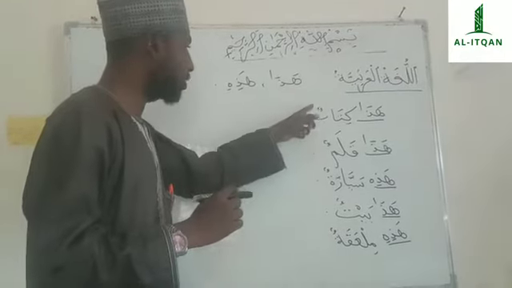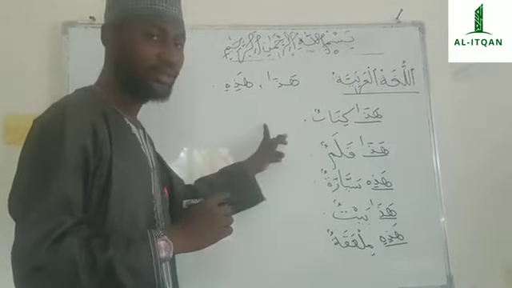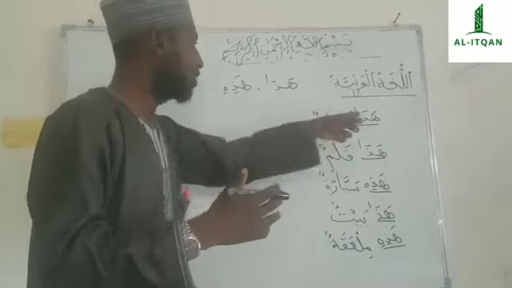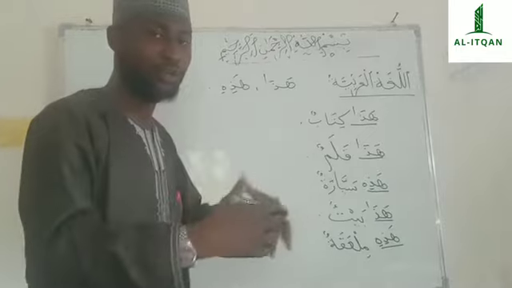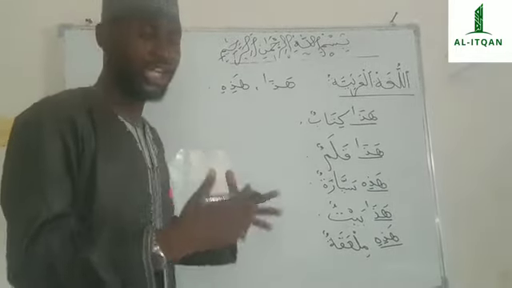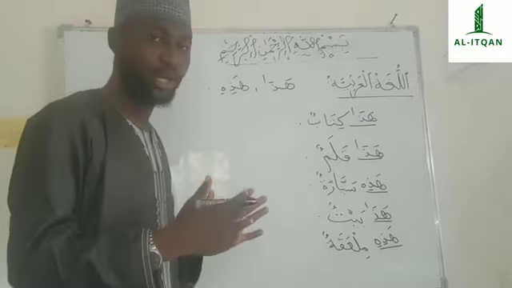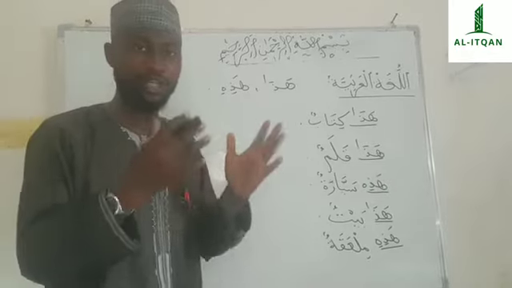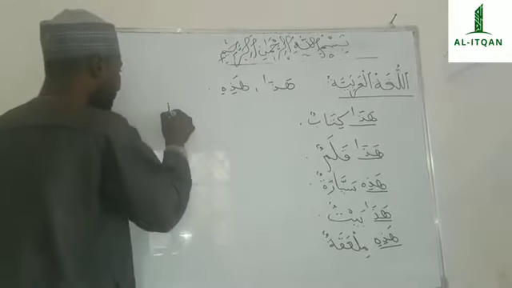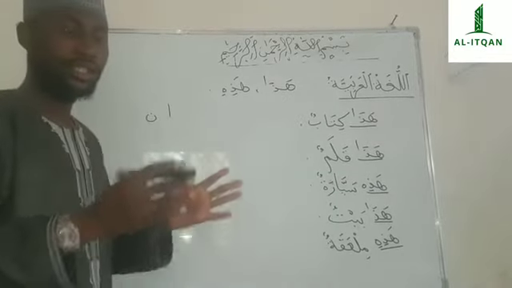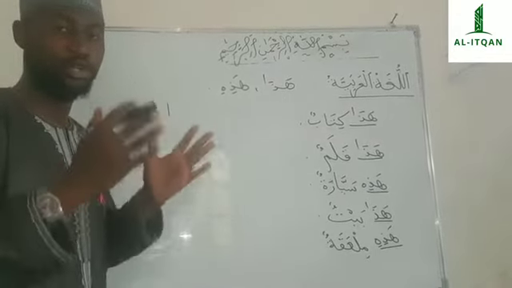You have to change your noun from singular to dual. As you are changing your noun from singular to dual, you change your demonstrative pronoun from singular to dual as well. How do we change a noun from singular to dual? You only add alif and nun to the singular. It makes it dual.